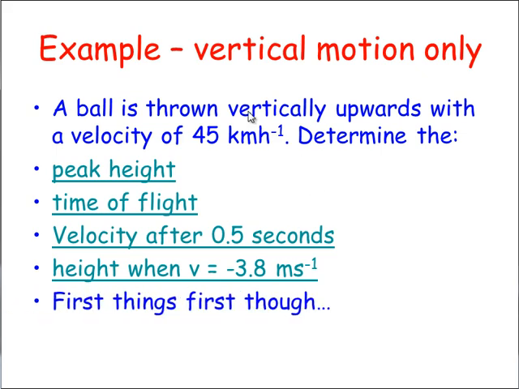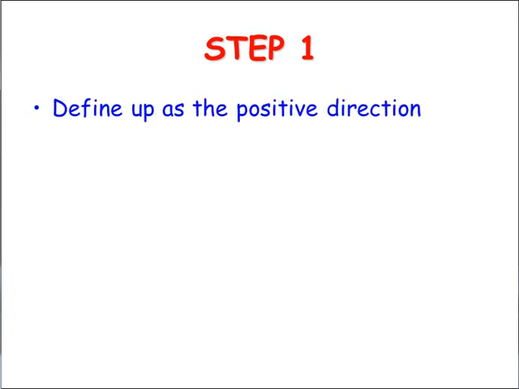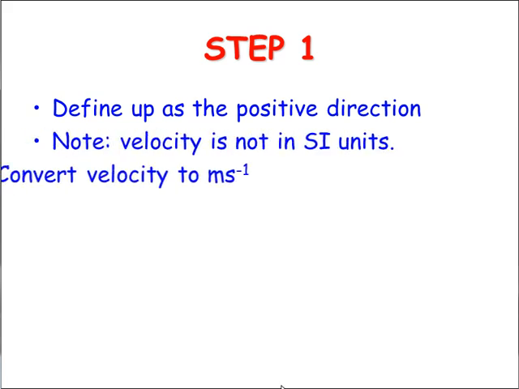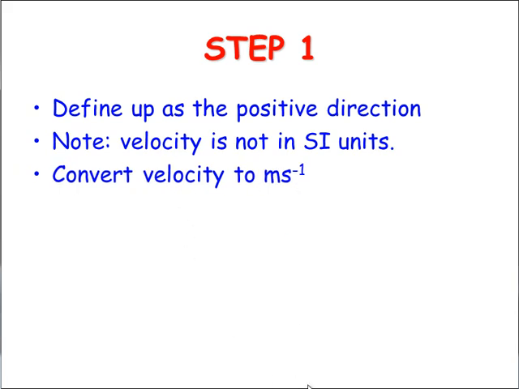First things first though, we have a units issue, 45 kilometers per hour. SI units are meters per second. So step one in solving this is firstly we're going to define up as the positive direction. That's usually the default positive direction. And then convert velocity to meters per second. How do we do that? Simplest way is divide by 3.6 to go to meters per second.